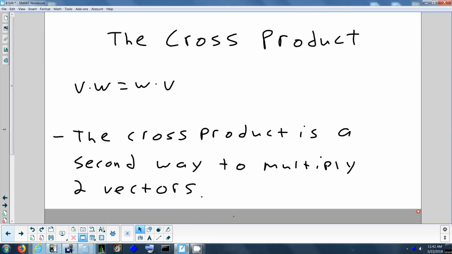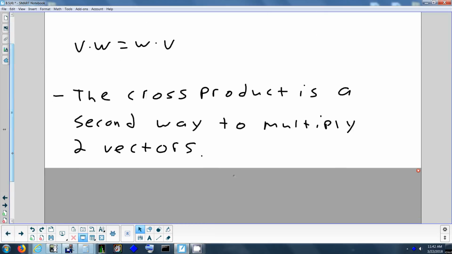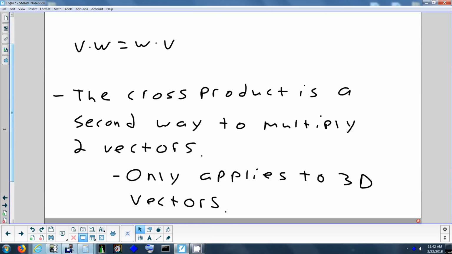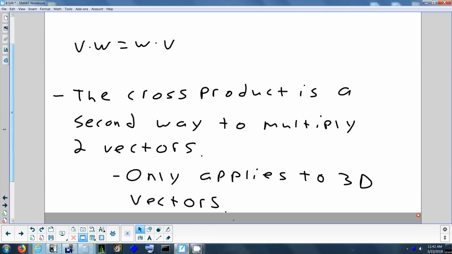If you just say multiply, you have to be more specific. Multiply them with a dot or cross, which way? I'm not really going to get into how to do it with a cross, I just want you to know that it exists. The reason we didn't look at it in 2D is because you can't. There's no such thing as a cross product in 2D.